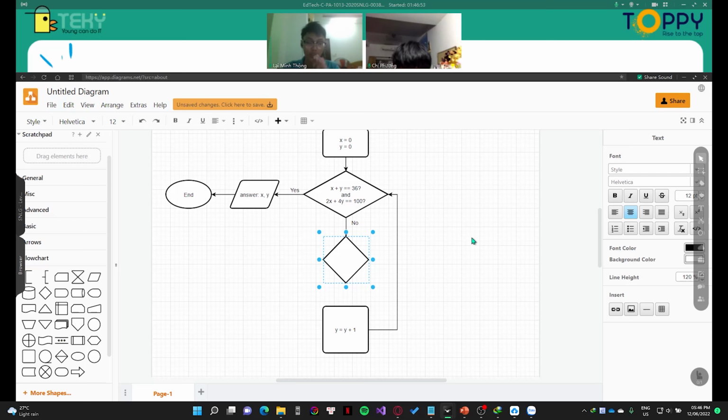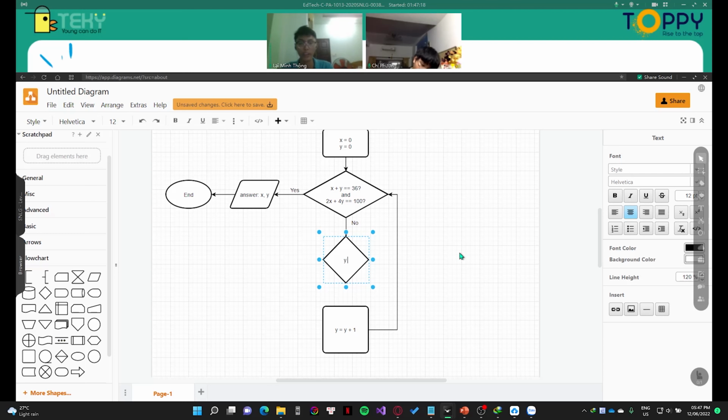No. Okay. So the value cannot be over 36. Yeah, that's right. So after y increases to 36, we need to increase the x instead of the y, right? We need to increase the x and then set the y to 0 again. Okay, so that is the plan we need to do here.